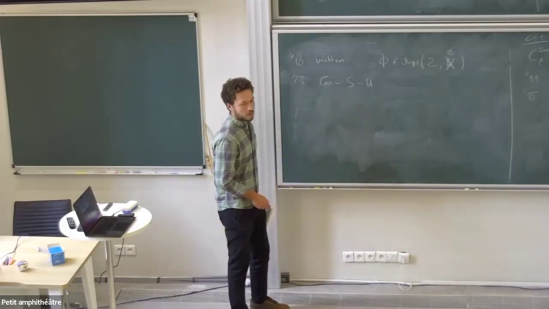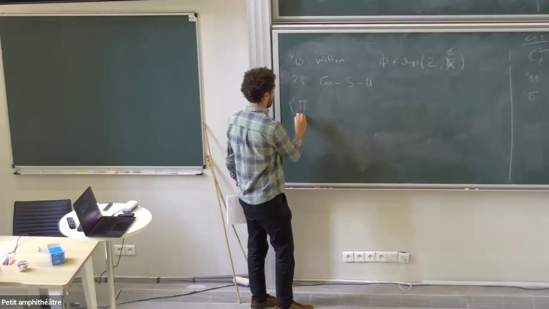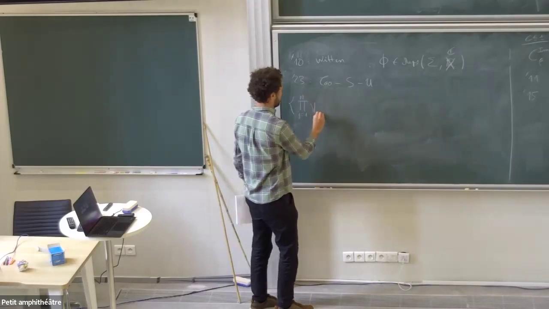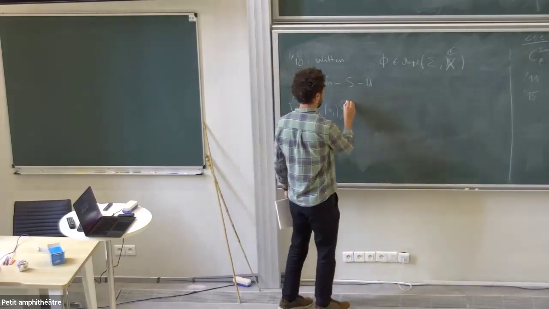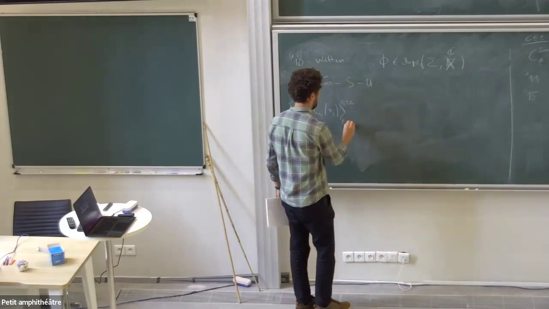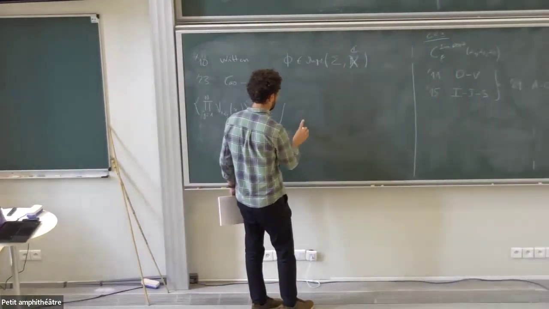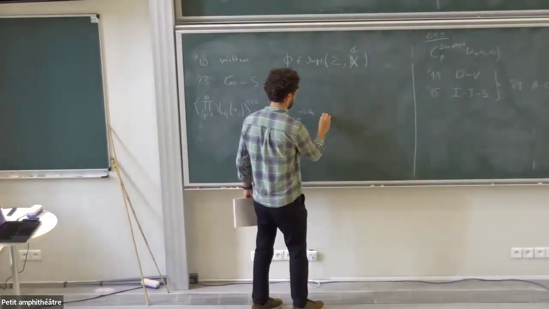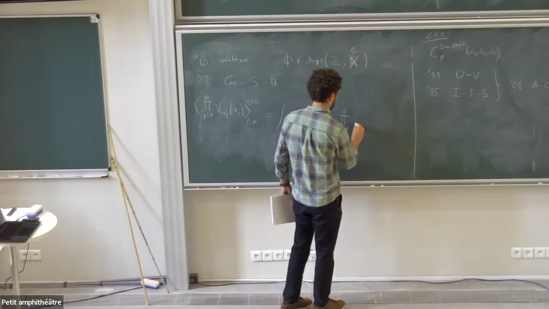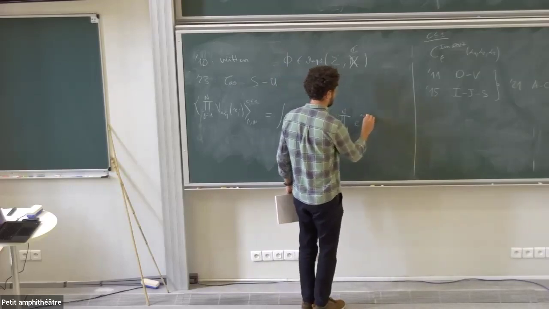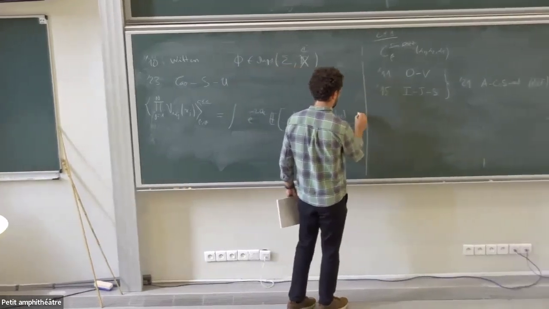So I write the proposal for the path integral. So the vertex operators have imaginary charges. You see, it's very similar to Liouville theory.